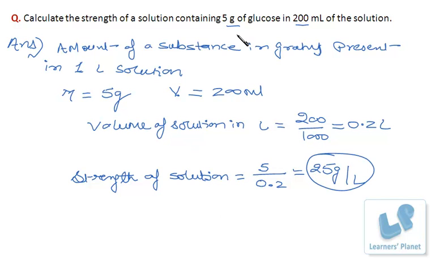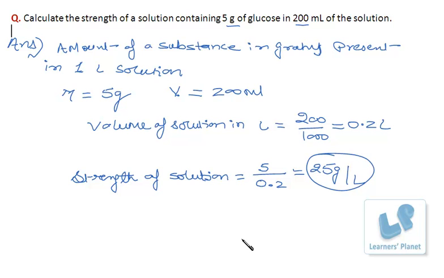So the strength of the solution containing 5 gram of glucose in 200 ml of solution is 25 grams per liter. So strength is nothing, students, it's just the amount of substance in grams present in 1 liter solution. That's it. So these are the methods by which the concentration of a solution is expressed.